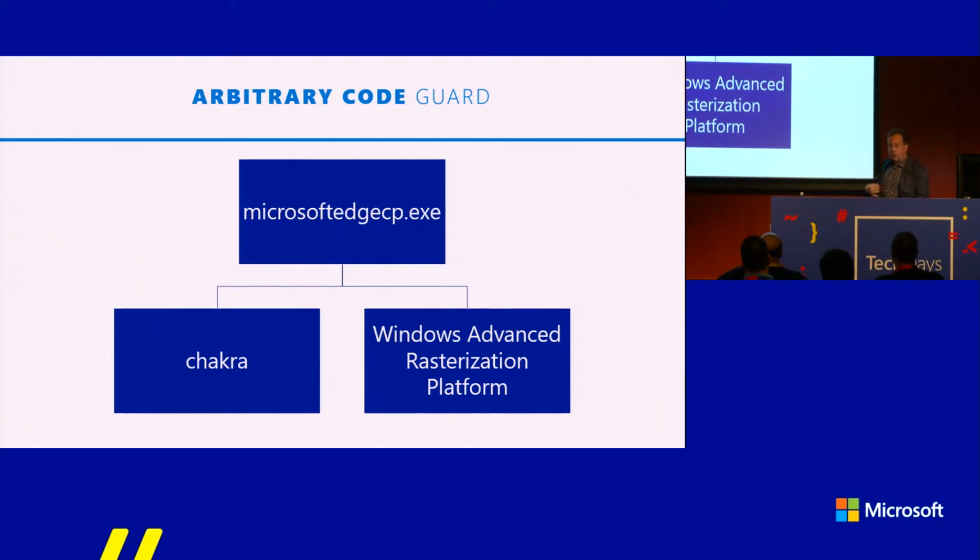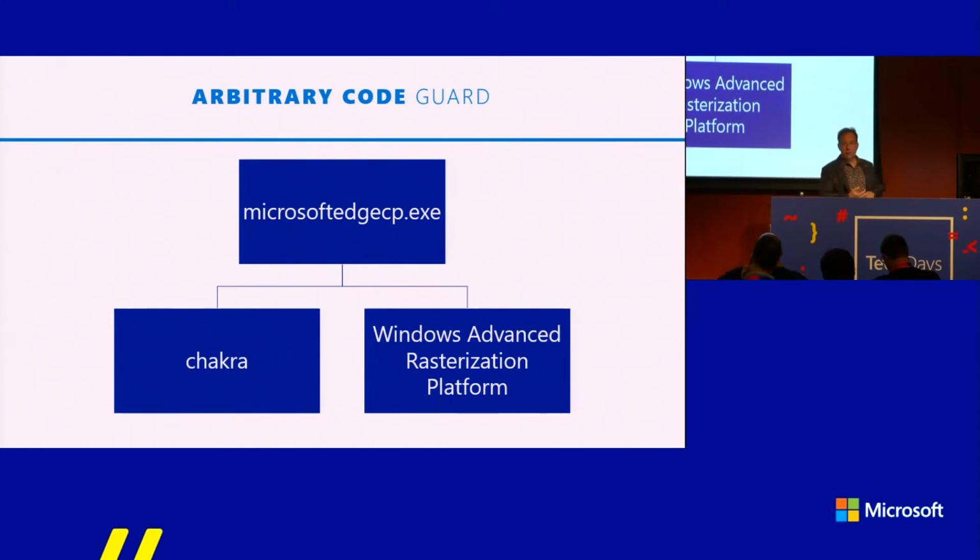But in the Edge browser, there are 2 things we do that generate arbitrary code. One of them is JavaScript, because JavaScript reads your script and generates machine language that has to be executed. It's generated in real time, which means we had to move it out of the Edge process and have a separate process for the Chakra engine.